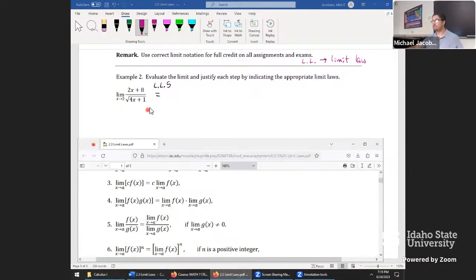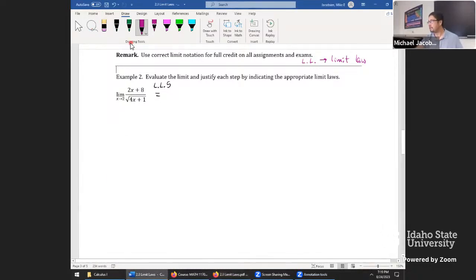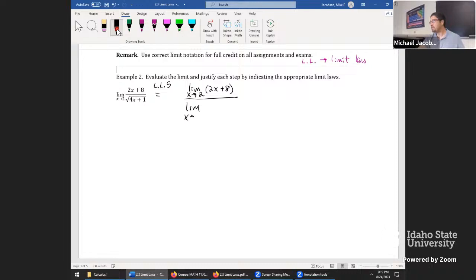So limit law 5 says that it will be equal to a bigger fraction: the limit as x tends towards 2 of 2x plus 1, 2x plus 8, divided by the limit as x tends towards 2 of the root of 4x plus 1. So limit law 5 takes us to here. It got worse before it got better, but that's okay. Any questions at all, folks, to that stage?